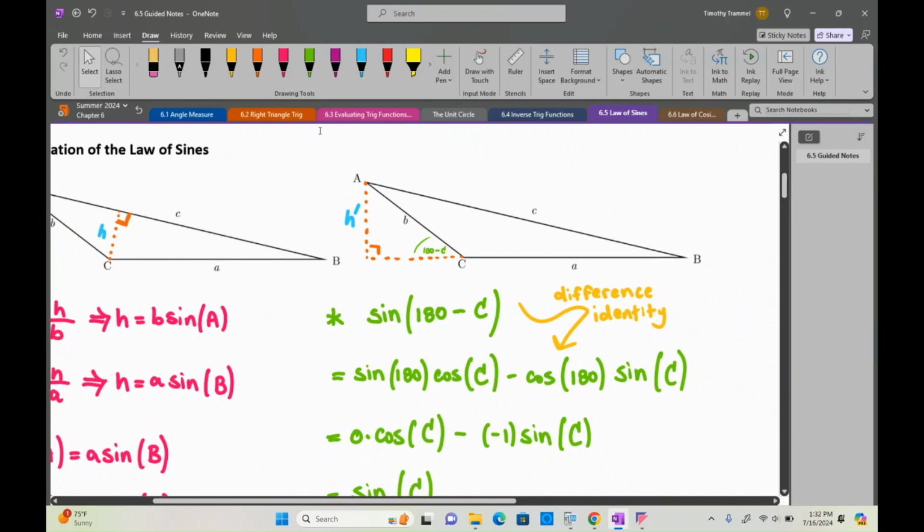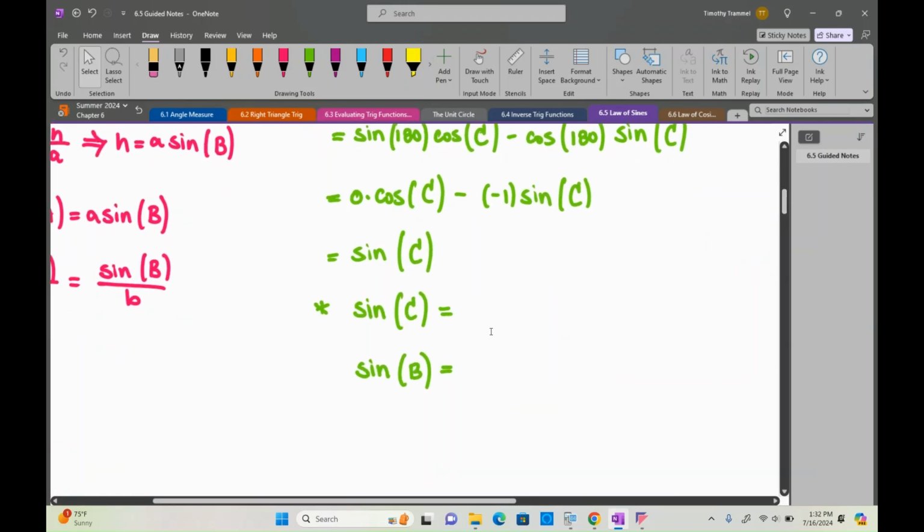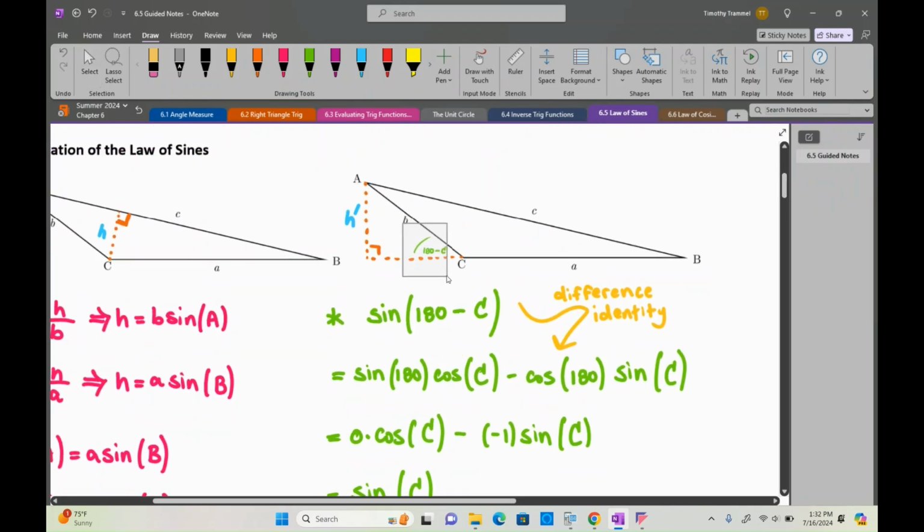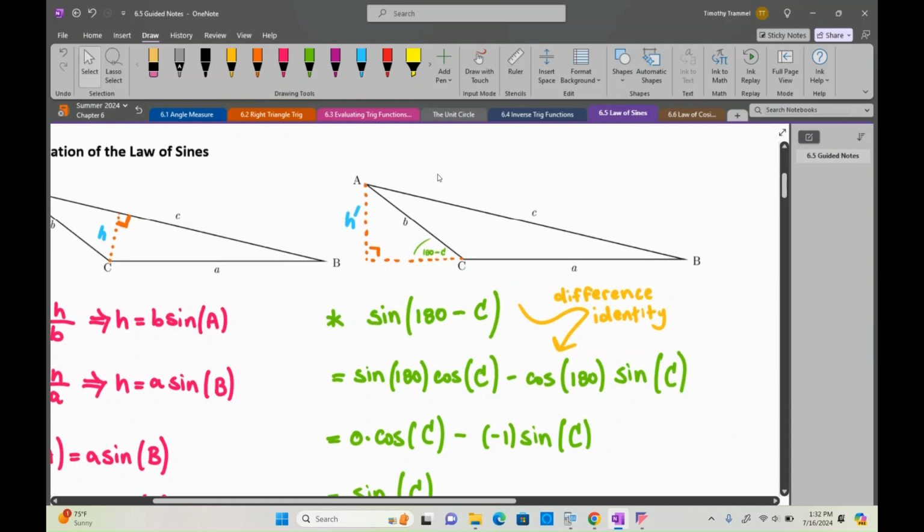So rather than looking at this triangle and trying to find sine of big C, I can instead look at 180 minus C, and that'll work just as well. And this is important because the triangle that has the angle C in it is not a right triangle, but the one that has 180 minus C is.